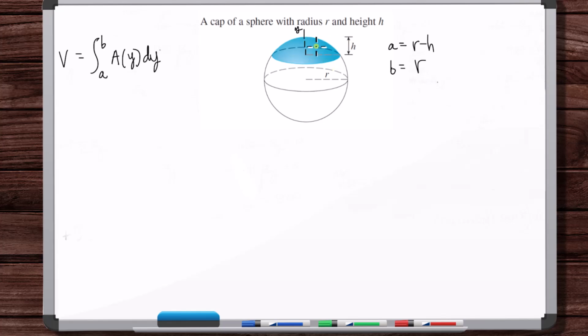And so to do that, we can notice that this here is R, and for any position, here's just a general radius. This is R star.